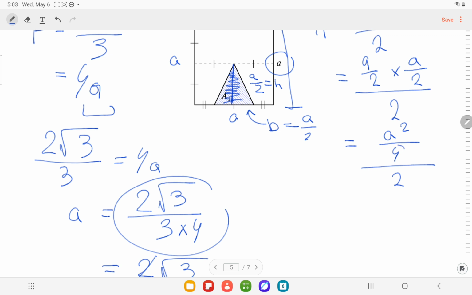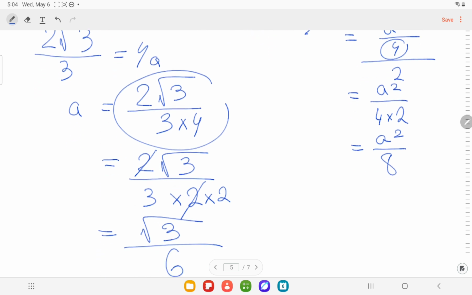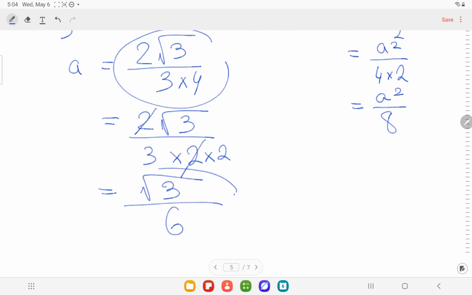And then we can put this 4 into the denominator. So we'll end up with a squared over 4 times 2, which is a squared over 8. And since we know that a squared is root 3 over 6, we can substitute that in.